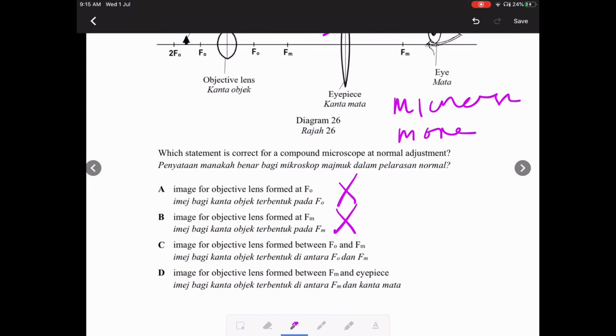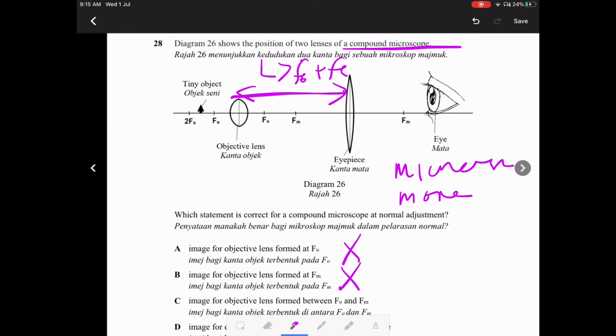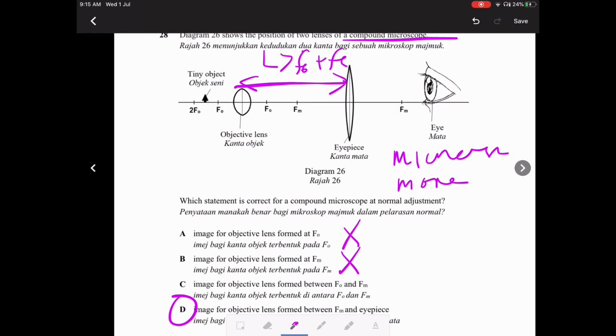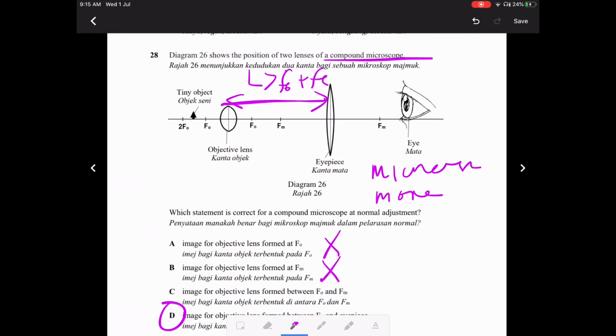Salah. Image for objective lens formed between FE and eye ring. Yes, dekat sini. Betul. So, jawapan dia ialah D. Okay, yang ini you kena hafal dia punya kedudukan objek. Kedudukan image yang terbentuk oleh compound mikroskop.